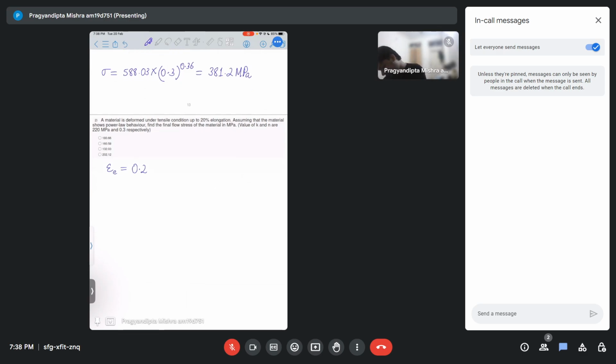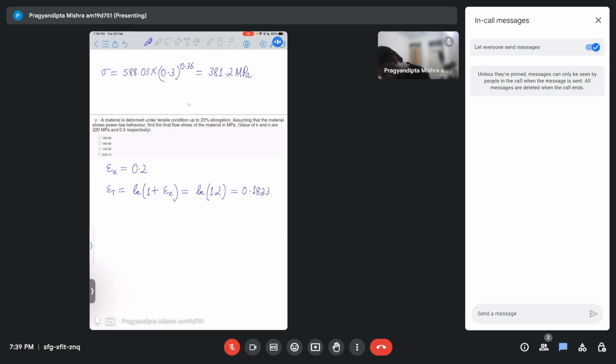So your true strain value will be equal to ln of 1 plus epsilon E. So this is equal to ln of 1.2, which is equal to 0.18.